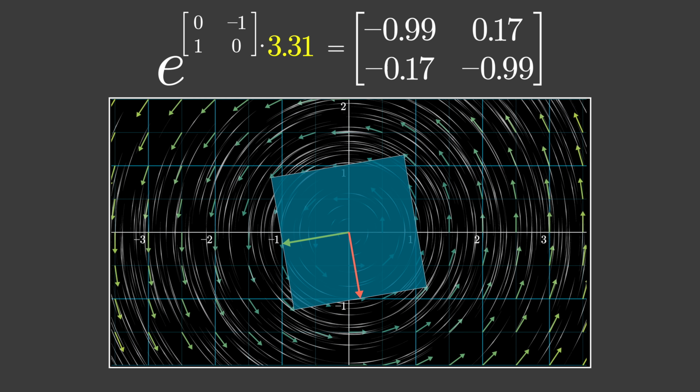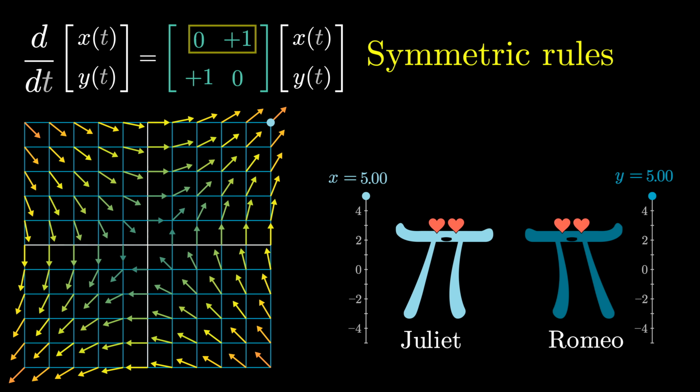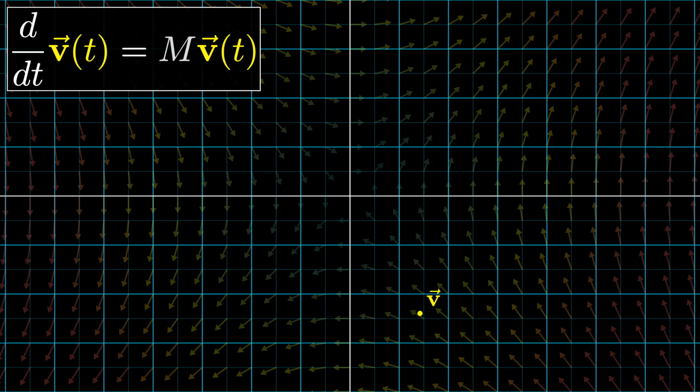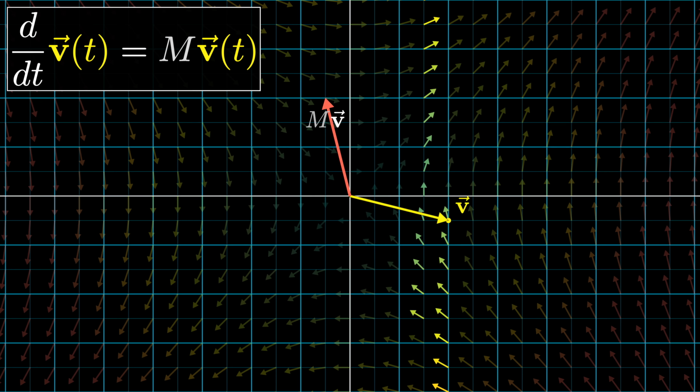As another example, the more Shakespearean Romeo and Juliet might have equations that look a little more like this, where Juliet's rule is symmetric with Romeo's, and both of them are inclined to get carried away in response to one another's feelings. Again, the way the vector field you're looking at has been defined is to go to each point v in space and attach the vector m times v. This is the pictorial way of saying that the rate of change of a state must always equal m times itself.